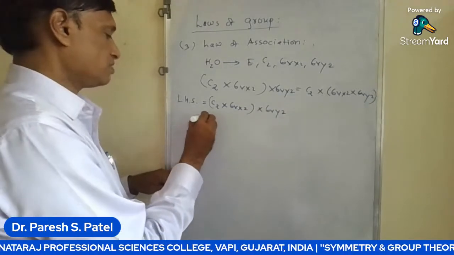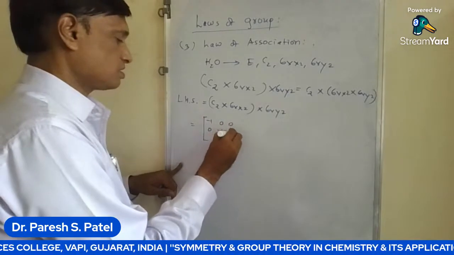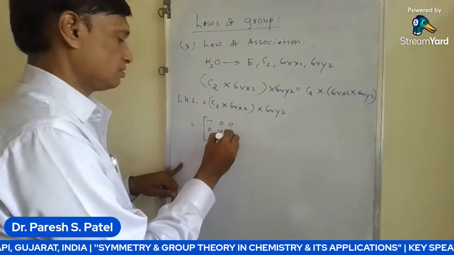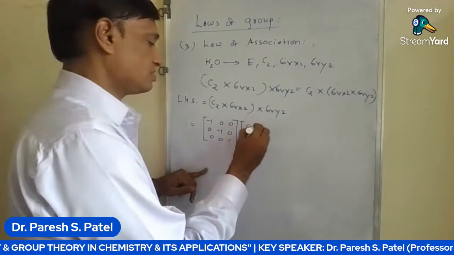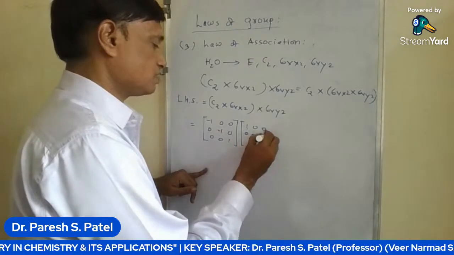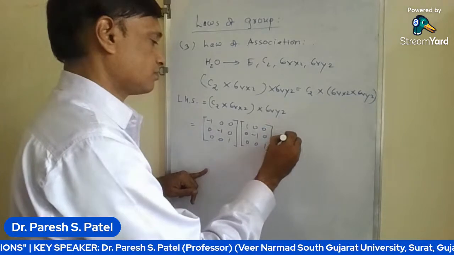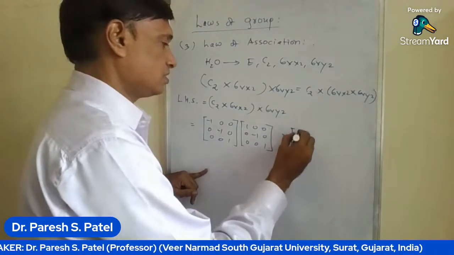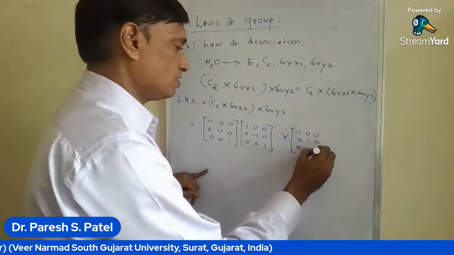Now matrix representations for C2: minus 1 0 0 0 minus 1 0 0 0 1. Sigma Vxz: 1 0 0 0 minus 1 0 0 0 1, and sigma Vyz: minus 1 0 0 0 1 0 0 0 1.